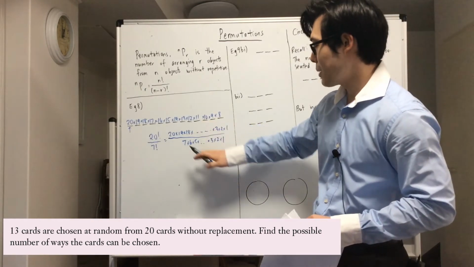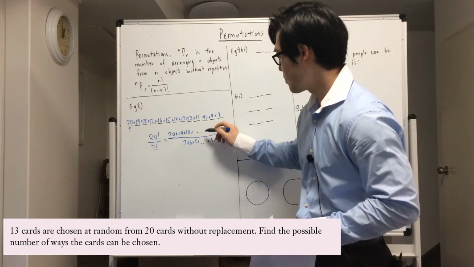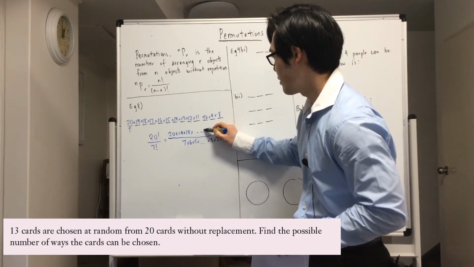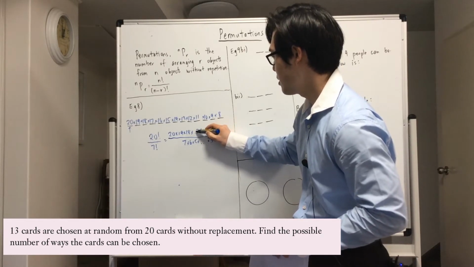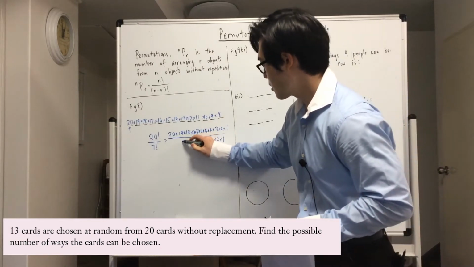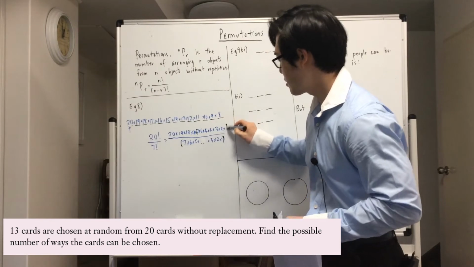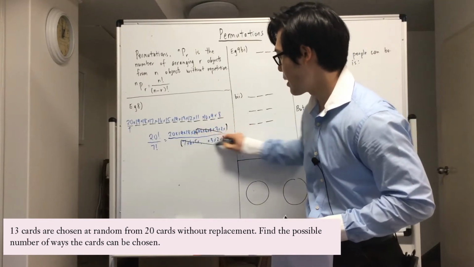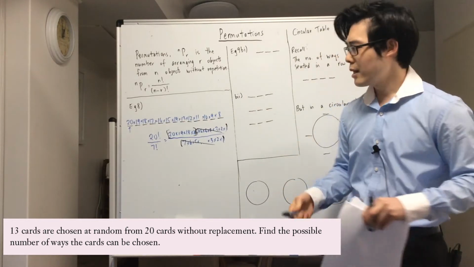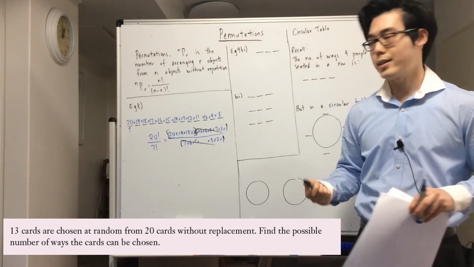If I divide that by that, I should have written a few more here. So 4 times 5 times 6 times 7 times 8, and so on. This divided by this, as you can see, if I cancel them out, that gives me the expression that I have here. But as you can see, that's quite tricky and time consuming.